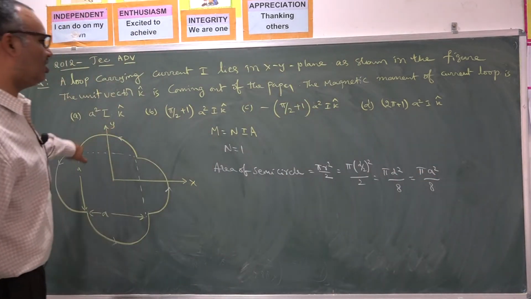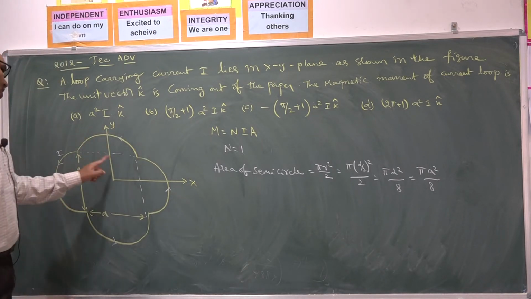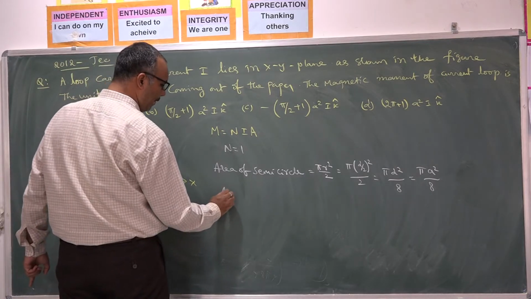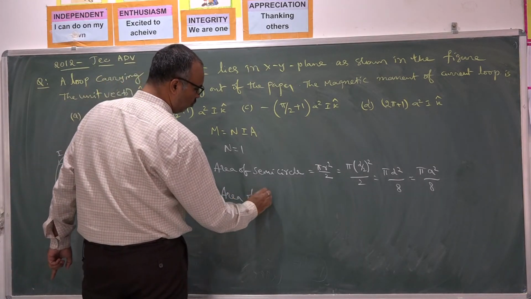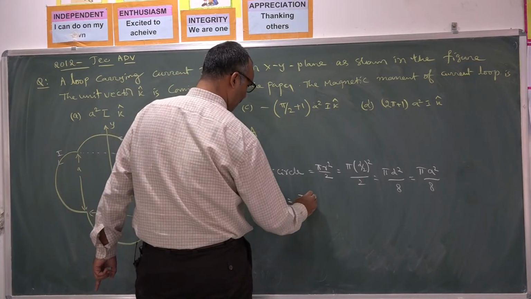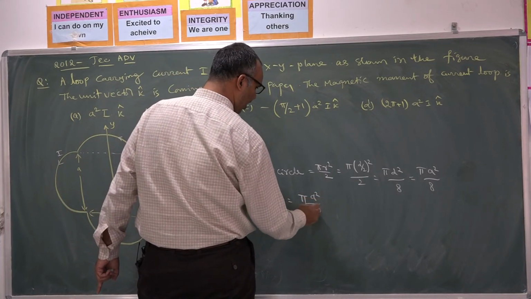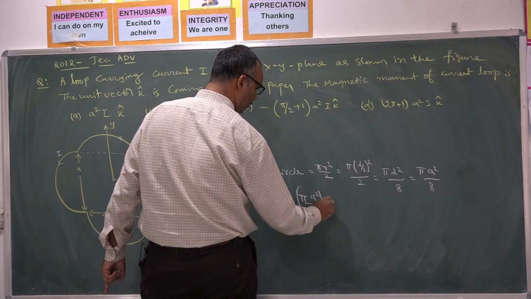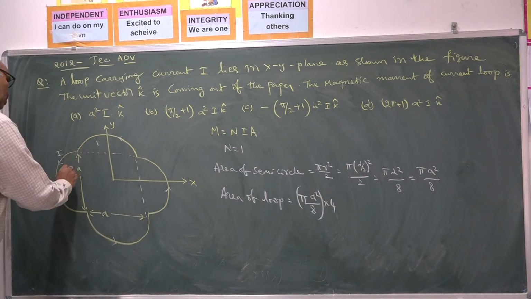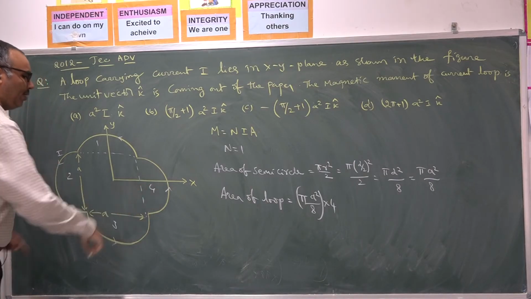There are 4 semicircles and 1 square. So area of loop is equal to pi a square by 8, the area of a semicircle, times 4 semicircles, 1, 2, 3, 4, along with 1 square.